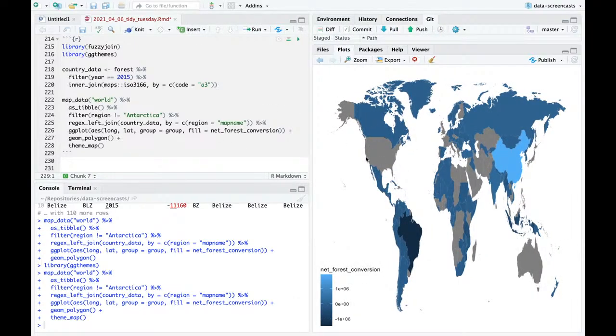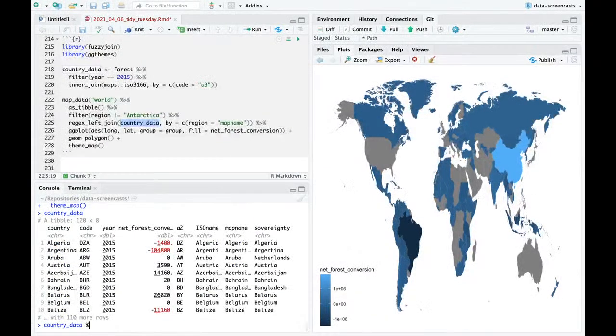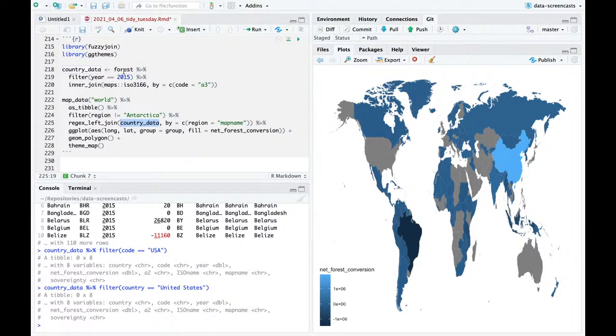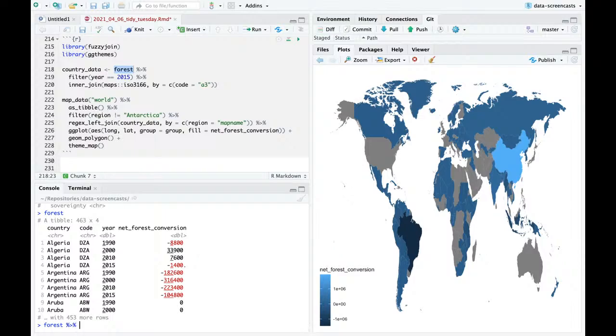We're missing some things. We are missing the United States of America. That's not ideal on a graph like this. I did a left join. Let me check something on this. If I say filter code is USA, nope. Something's up.